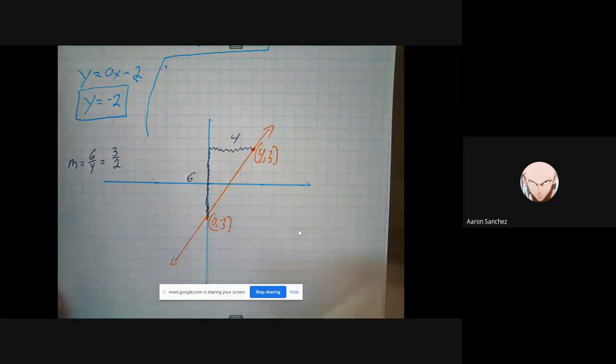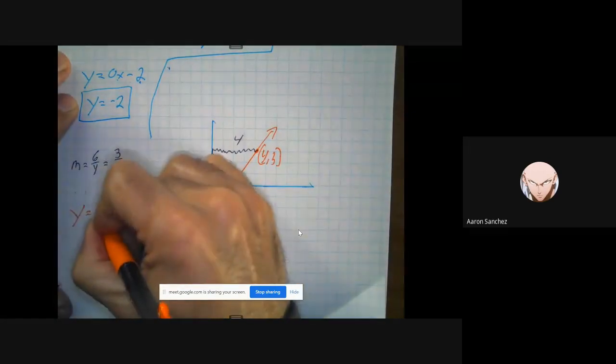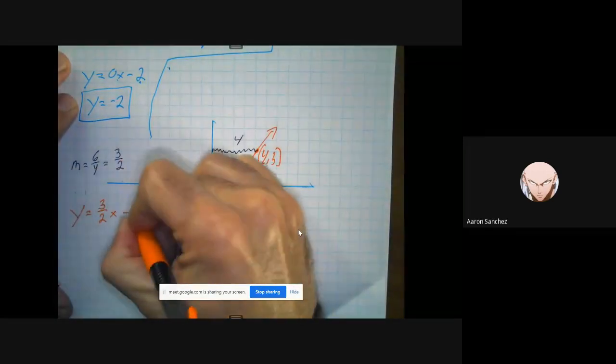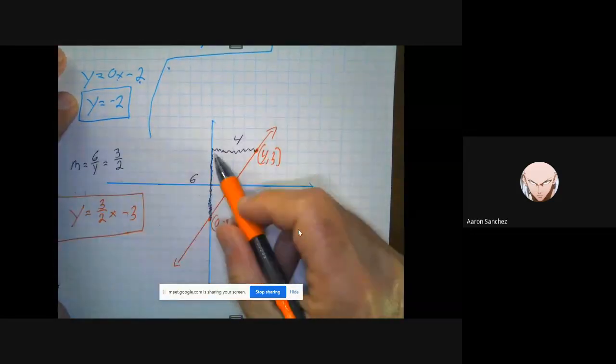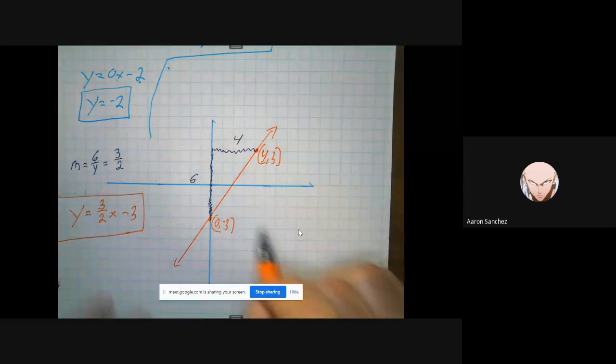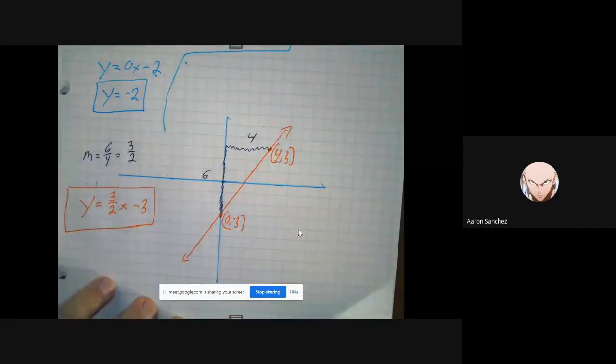So my equation is y equals 3 over 2x minus 3. So make sure you get that. Rise over run, cross at -3. All right, make sure you can do that.